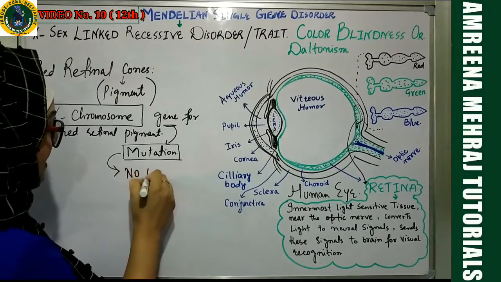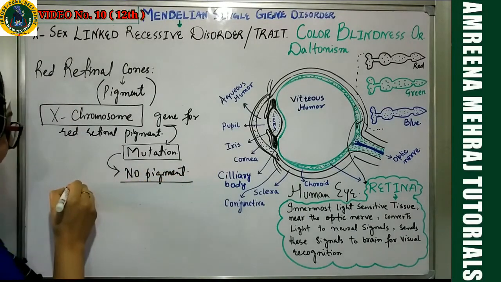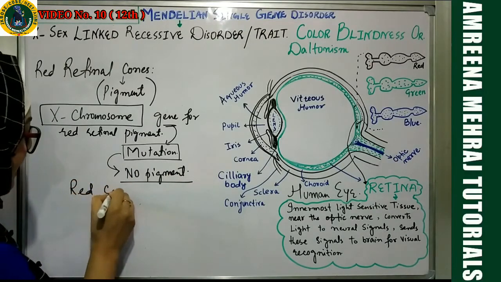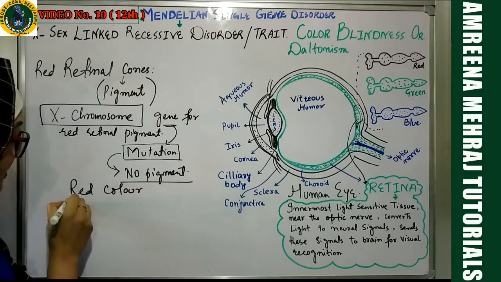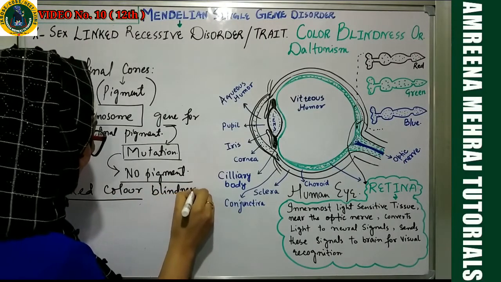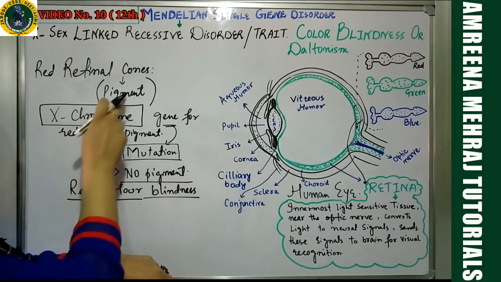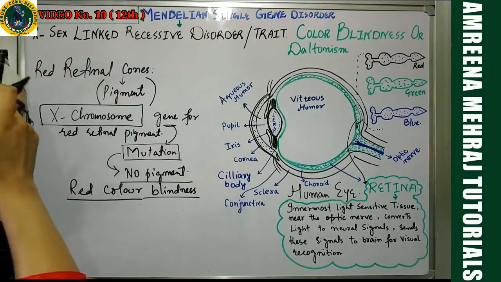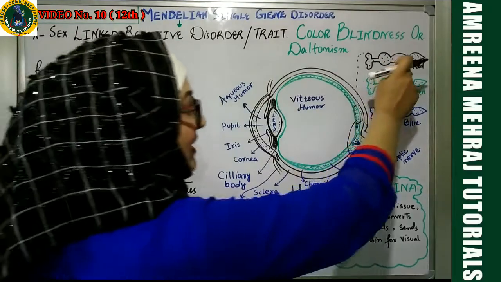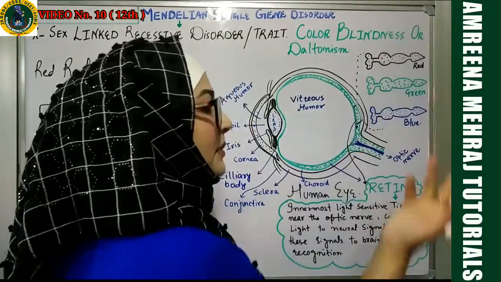So, no pigment. When there is no pigment, the individual will not be able to perceive red color, and therefore will suffer from red color blindness. So, for example, if somebody has this mutation on X chromosome for this pigment, the eyes of that individual will be having these red retinal cones, maybe or maybe not, but inside it there will be no pigment.